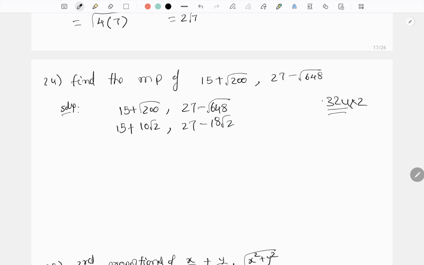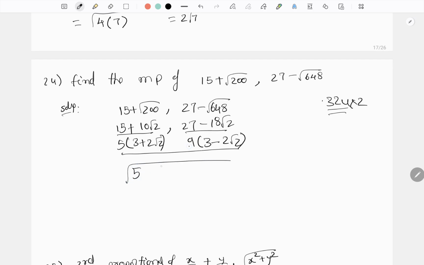Now what will be the mean proportion? In this 5 is common, we can write it as 3 plus 2 root 2. And in this 9 is common, we can write it as 3 minus 2 root 2. The mean proportion of this will be root of 5 into 9, a plus b, a minus b. 3 plus 2 root 2 into 3 minus 2 root 2.